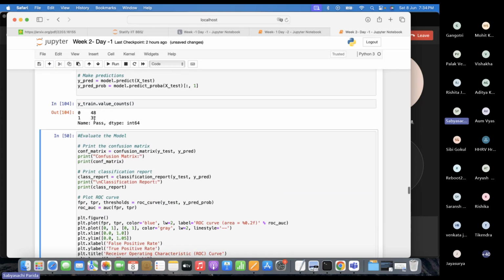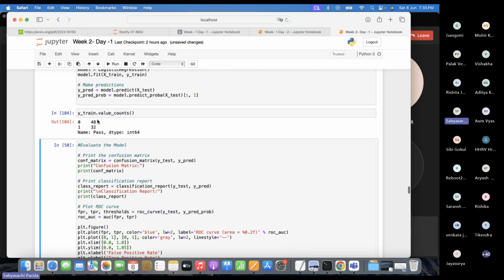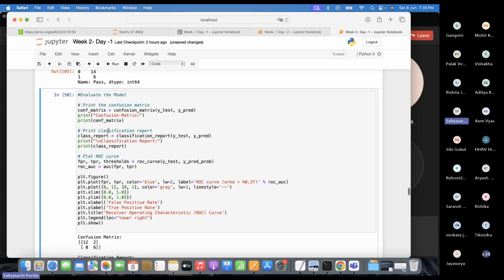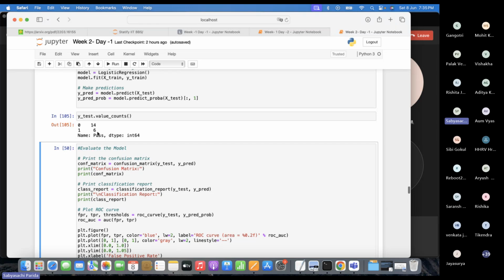Out of the 80 samples, 48 samples have target 0, meaning 48 students have failed and 32 students have passed. Okay. That means there is a good proportion between the people who have passed versus the people who have failed. Similarly, I can do that for the test as well. So for test, there is 14 and 6.